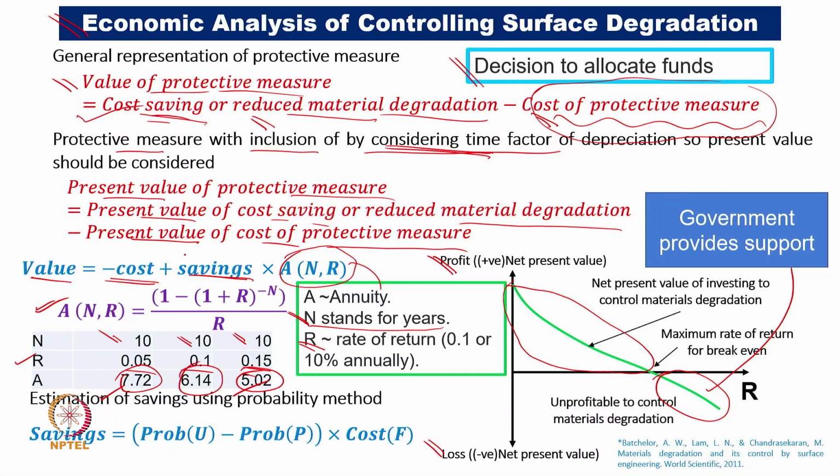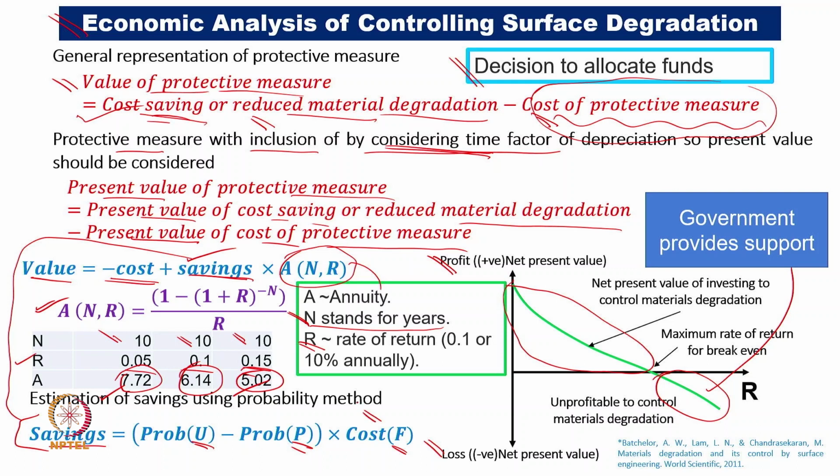And another thing is the savings. Often savings are probabilistic, may not be 100% deterministic. And probabilistic is something like, without taking measures, what is the probability of failure? And then with taking preventive measures, what is the probability of failure, and what will be the cost of the failure if the component fails, what will happen. So this is how we calculate the saving.